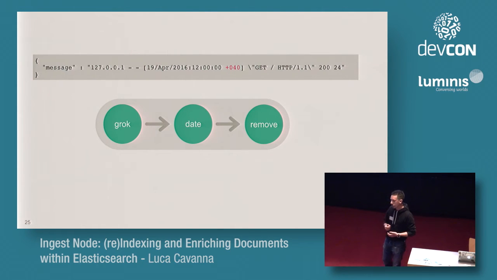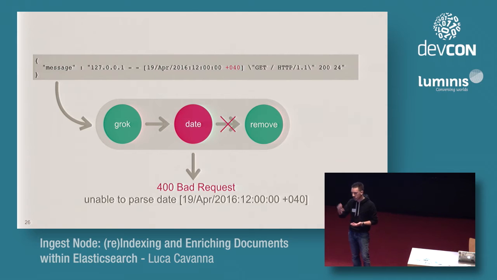In this example, I have broken the time zone in this log, so the date will not parse correctly. The Grok processor will be able to extract all of the different fields, and it will call that field timestamp, but the date processor, which is the second in the pipeline, will say, no, this is not the date, I cannot parse it.